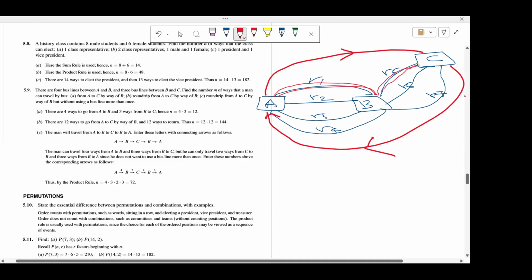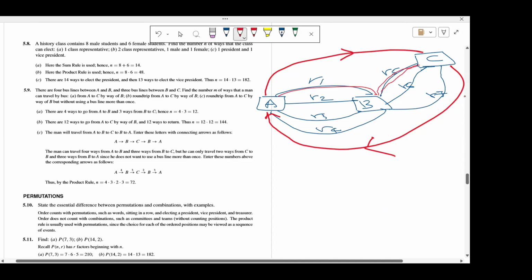So what is the third question? In the previous question, you might use A to B road 1, B to C road 5, and you can use the same lines for the return journey also: C to B road 5, B to A road 1, right? The same road for your journey as well as your return.